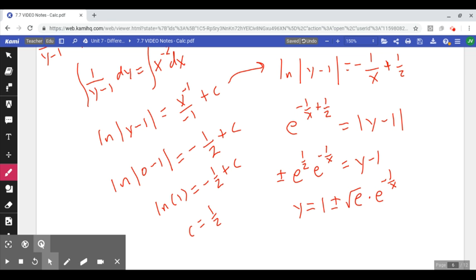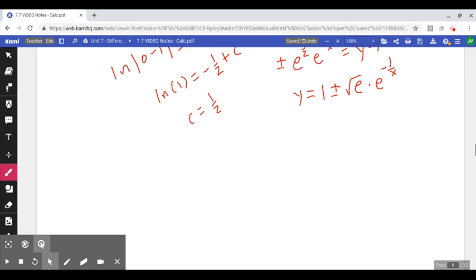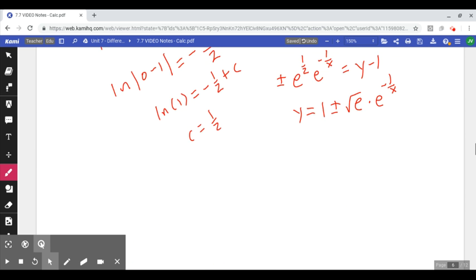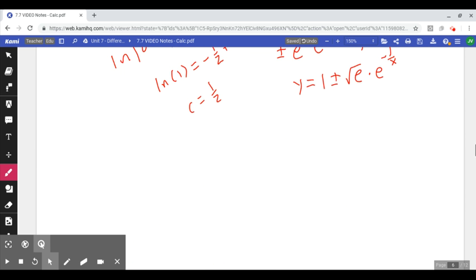What we want to do now is figure out which symbol we're supposed to use. If you're having trouble with that, go back to your initial condition and substitute those values in. So we'll show that as 0 is equal to 1 plus or minus the square root of e times 1 over e to the 1 over x, and x in this case is 2.